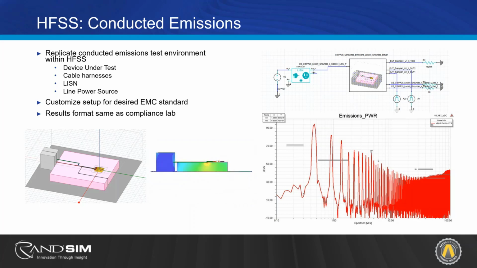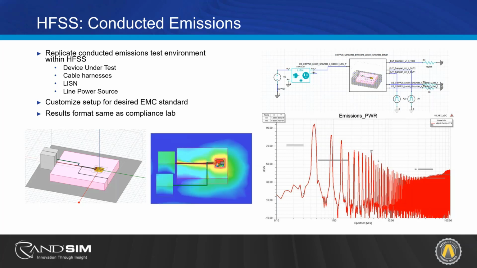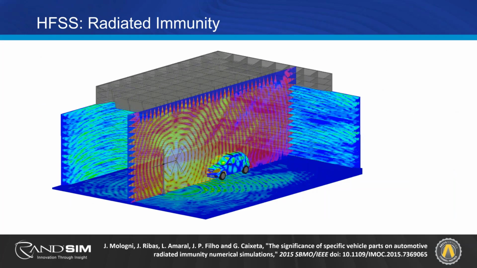And so that comes back to making sure you're choosing your signals correctly. And that always comes with just the intimate knowledge of the design that the designers and engineers have. And then the third example that can be seen within the HFSS tool set is radiated immunity.